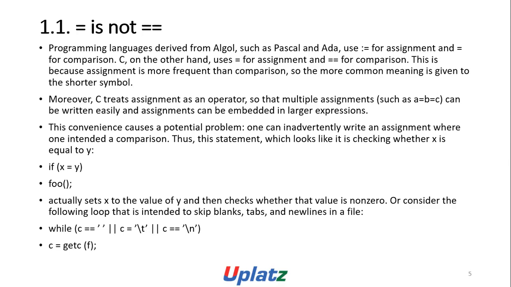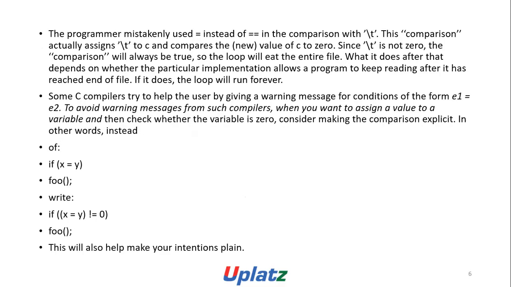Or consider the following loop that is intended to skip blanks, tabs, and newlines in a file: while (c = ' ' || c == '\t' || c == '\n') c = getc(f); The programmer mistakenly used = instead of == in the comparison with '\t'.